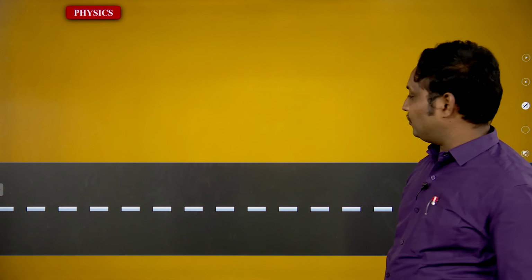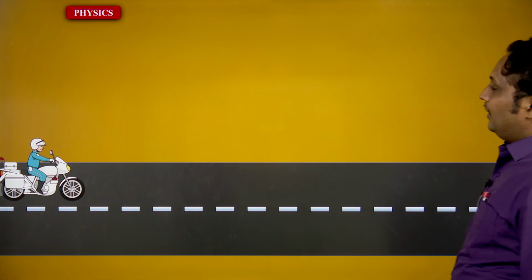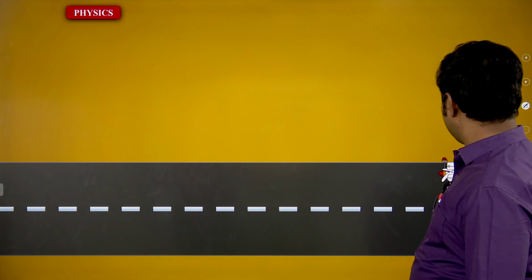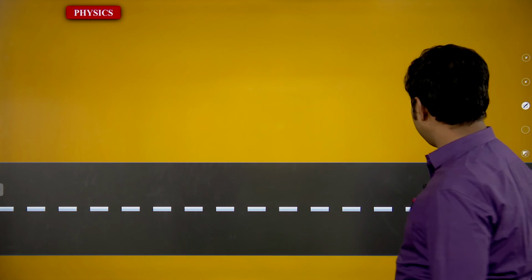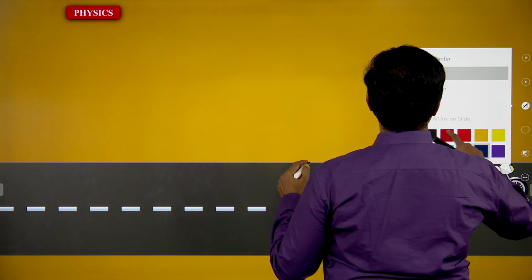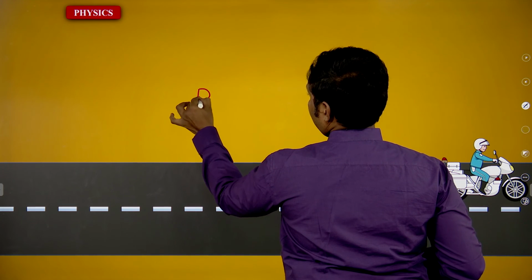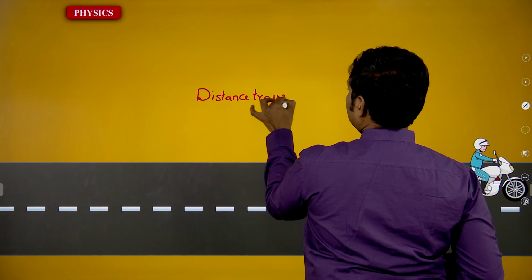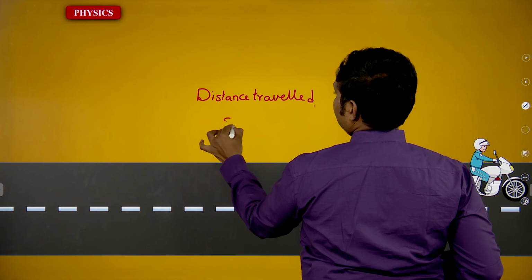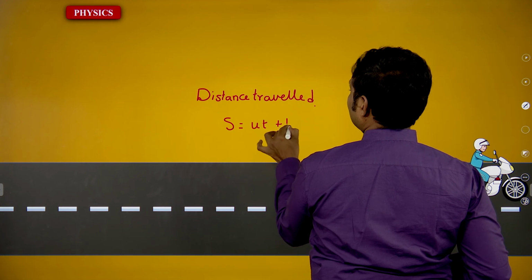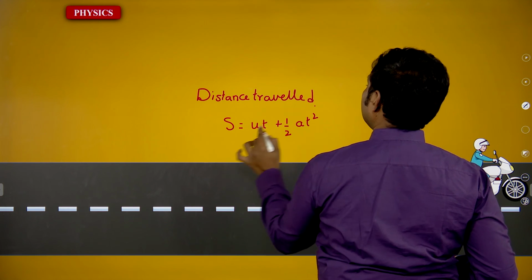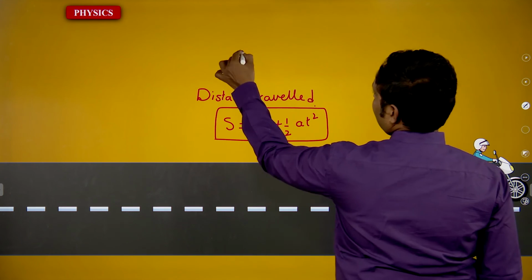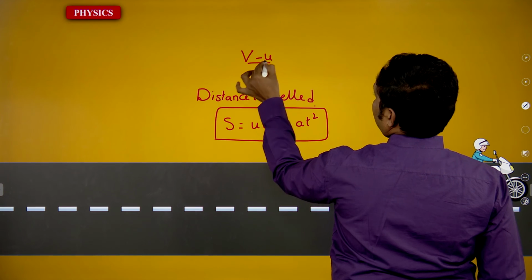Here also you can confirm that position is going to change with respect to time. Here it is going to be distance travelled, S is equal to ut plus half at square. Initially, it is identified as v minus u by t is equal to a.